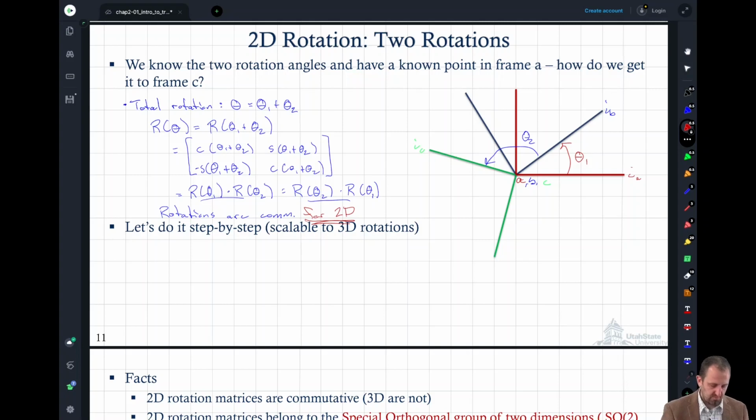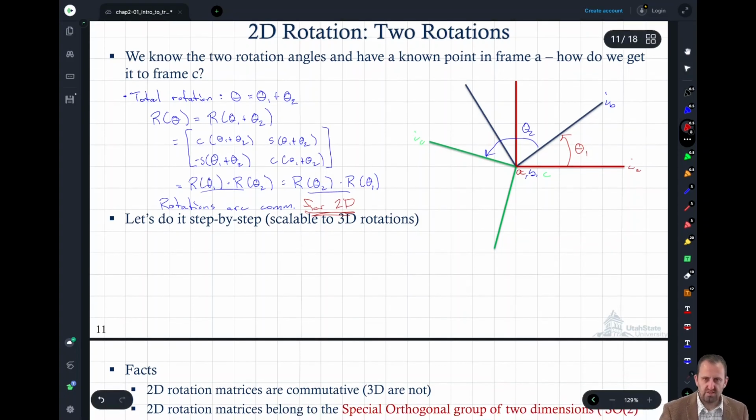Okay, so let's do it step by step. So in this case, we could say that if we're given a point, and we have our point P, and say we know our point P in frame A, well, we could write point P, say this is known.